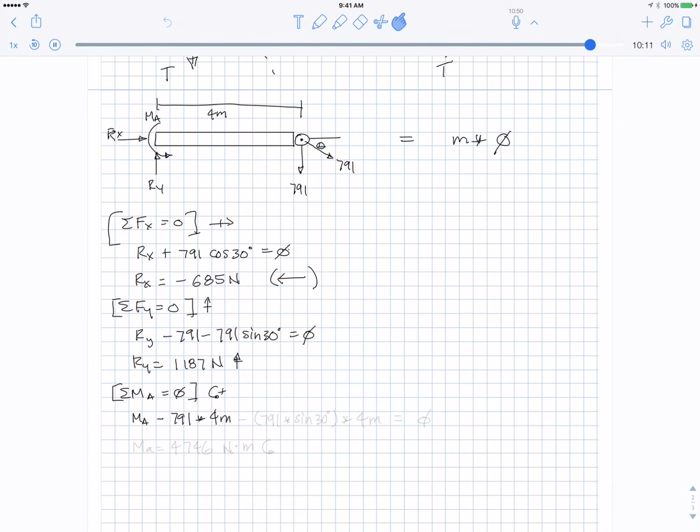And what I'm going to do is take the vertical component of the rope that's at 30 degrees, so 791 times sine 30 degrees. And it also has a moment arm of 4 meters. Okay, so MA equals, if you do that, comes out to 4746 newton meters counterclockwise.